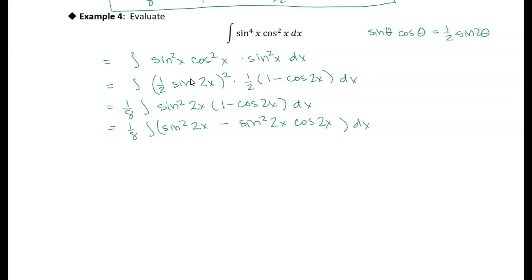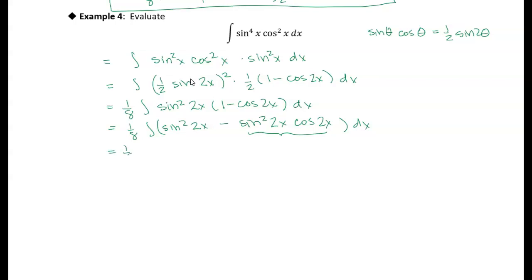I can break it into two integrals, and now I can easily use substitution on the second, because if I say w is equal to sine of 2x, then dw would be 2 cosine 2x. Over here, with the sine squared, I can reduce the power again. So let's break this thing up.